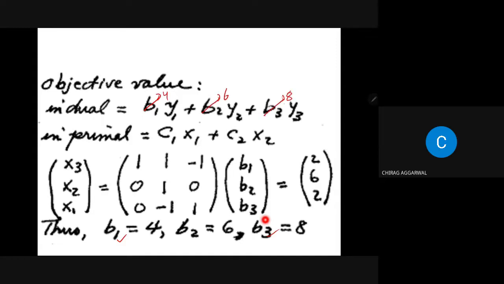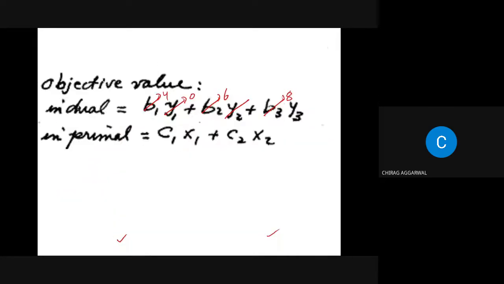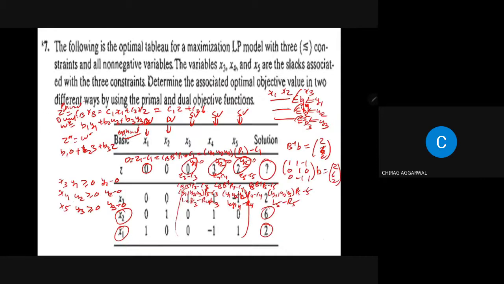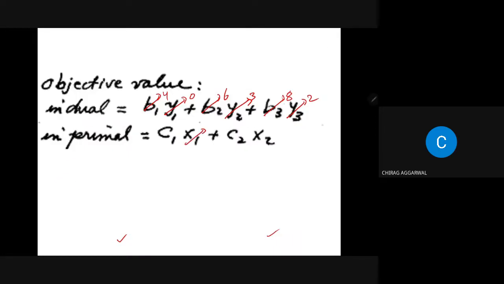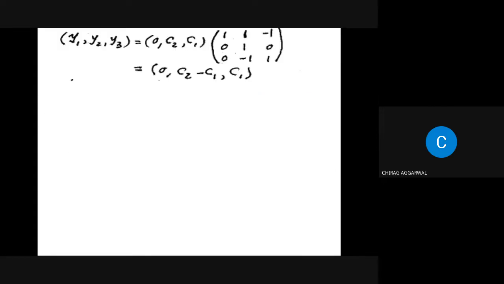And from the table we have seen this is 0 3 2, so y1 y2 y3. On the right hand side we have the 2 and 6. So here we have computed the b1 b2 b3.